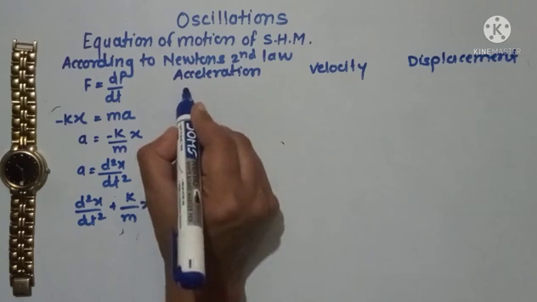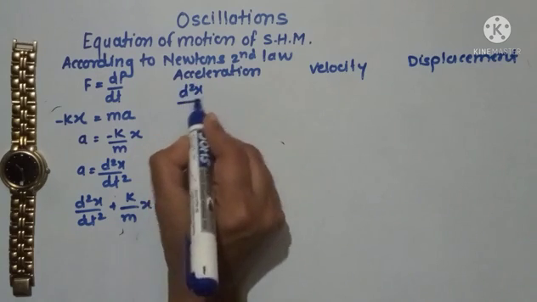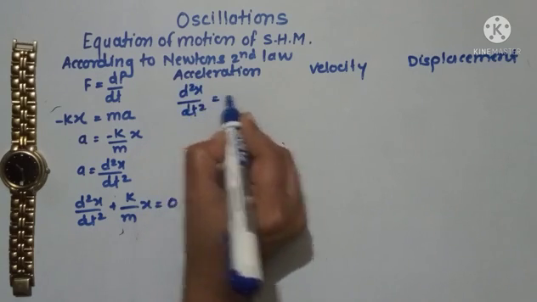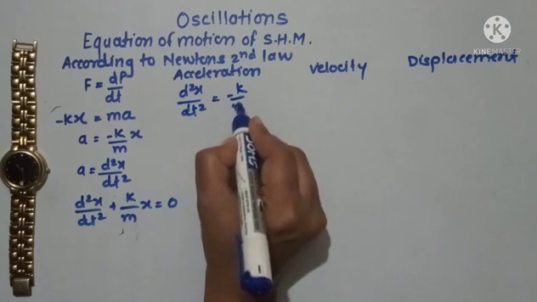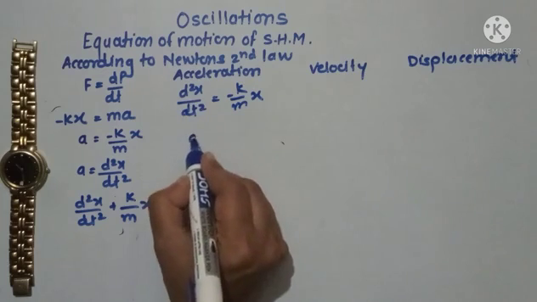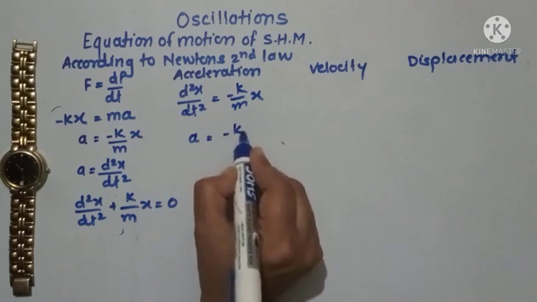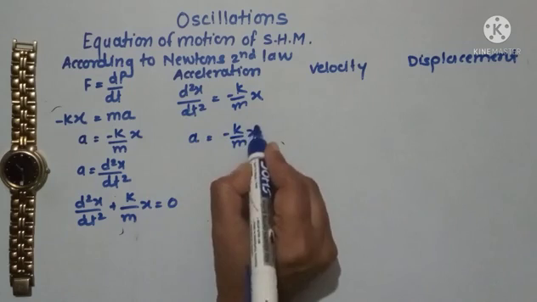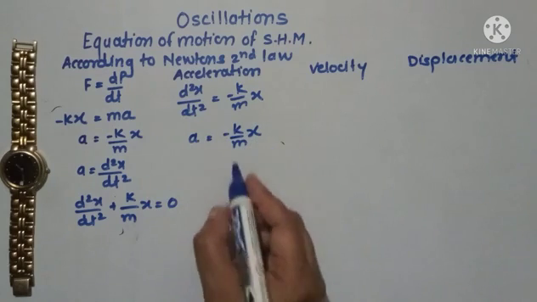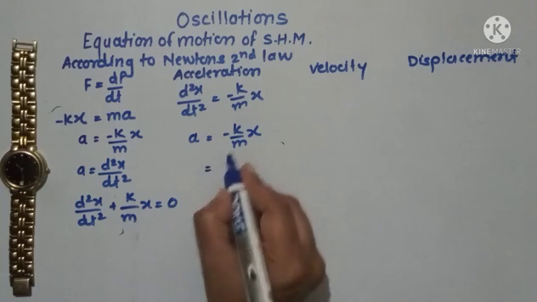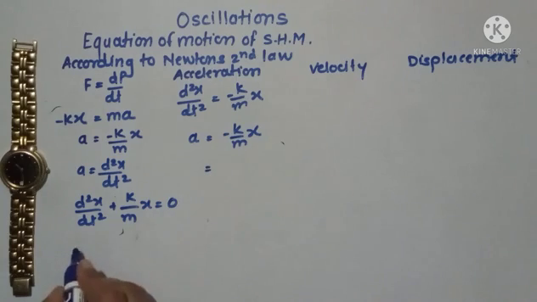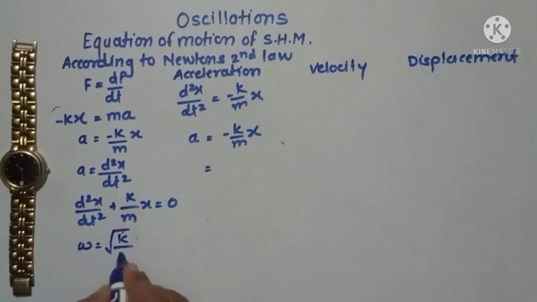Now from this equation I can write d square x upon dt square is equal to minus k upon m into x. This is nothing but the acceleration a. We have considered a new entity omega is equal to square root of k upon m, so I can write omega square is equal to k upon m.